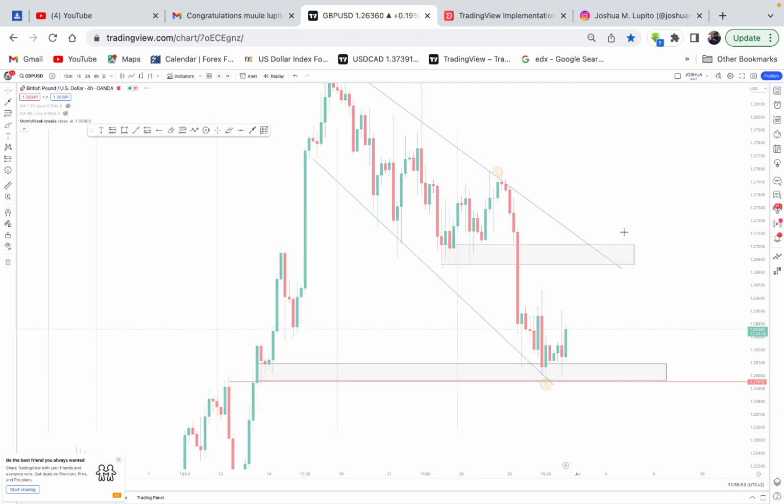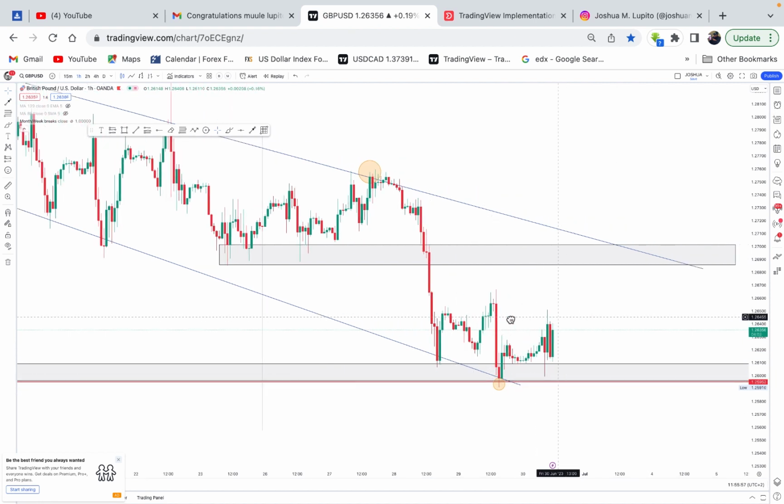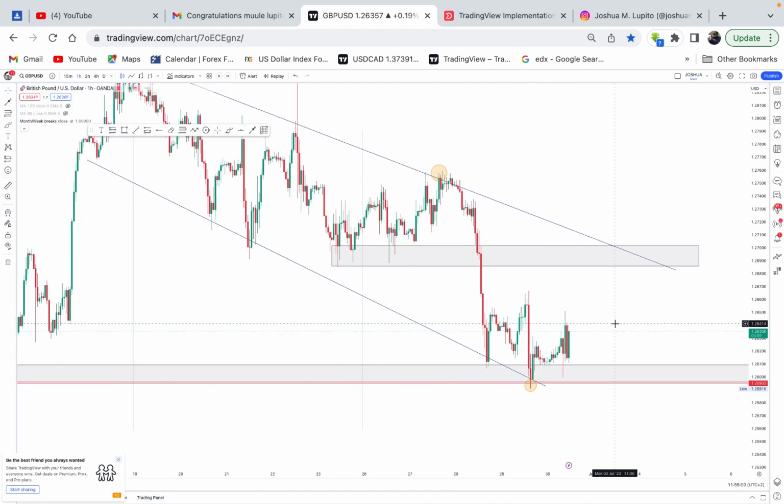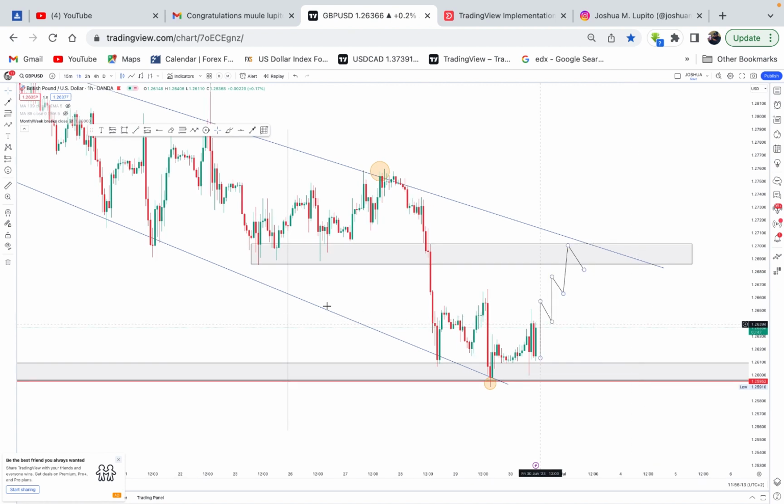We move to the 1-hour time frame. So this is acting as a really strong support zone, of which buyers are trying to gain back their momentum and push to the upside. GBPUSD, this could also be a possible pattern which we are trying to see, the market going to the upside.